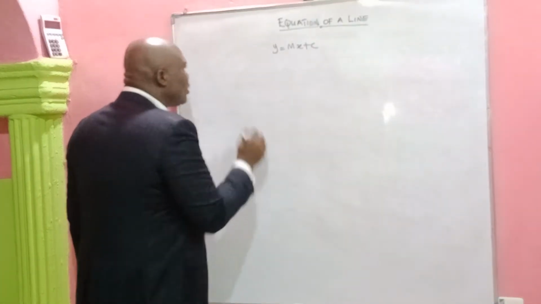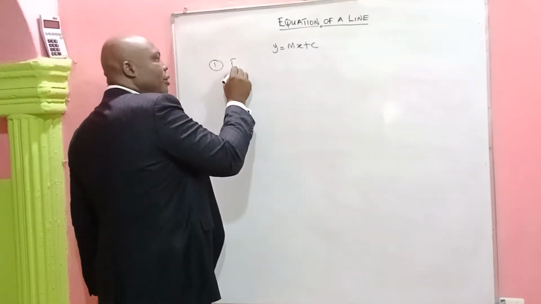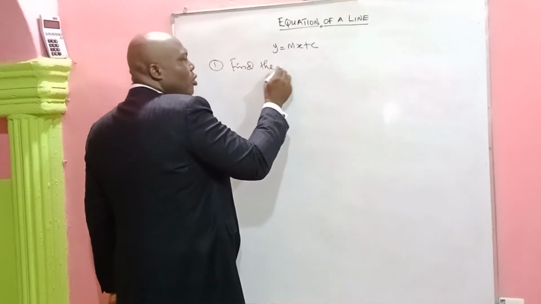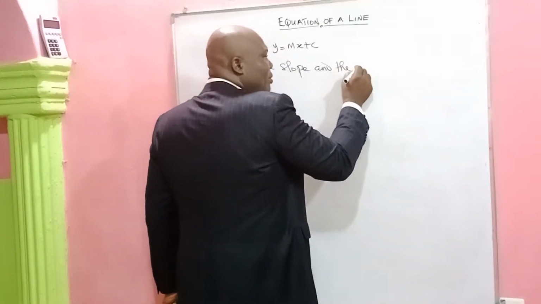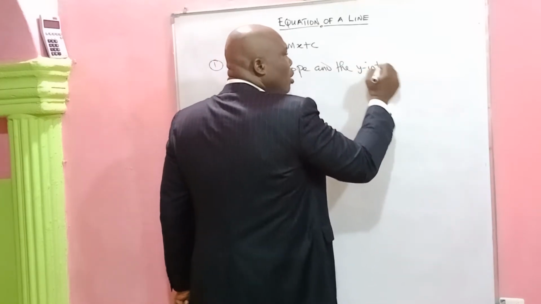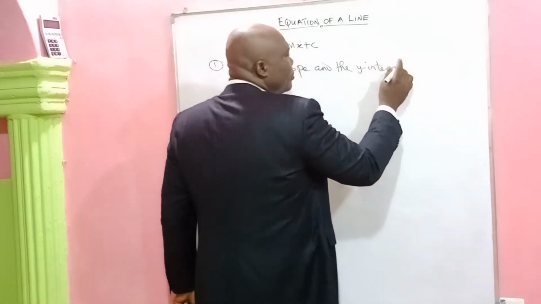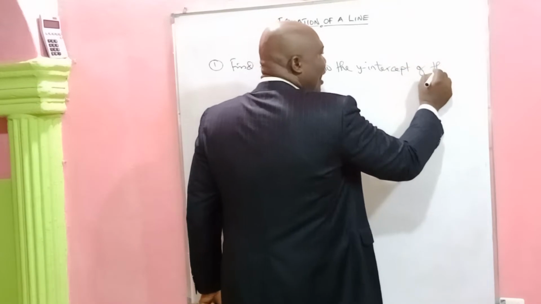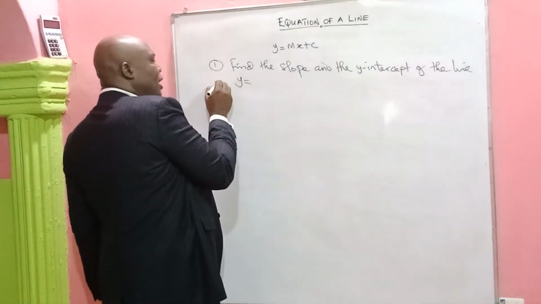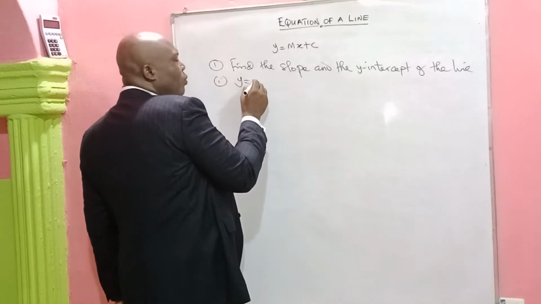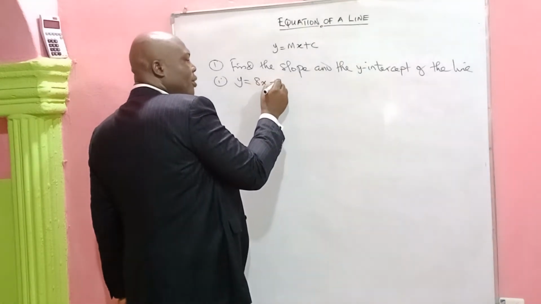Now, a question can come. They can say, find the slope and the y-intercept of the line. Let's take the first one: y is equal to 8x minus 3.